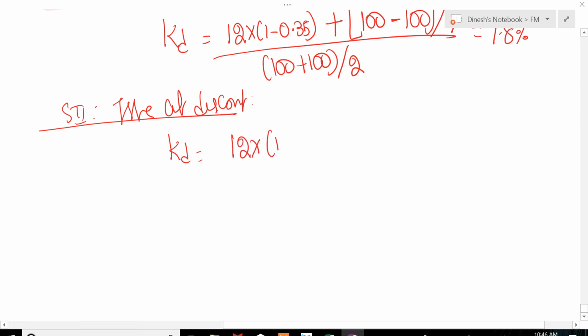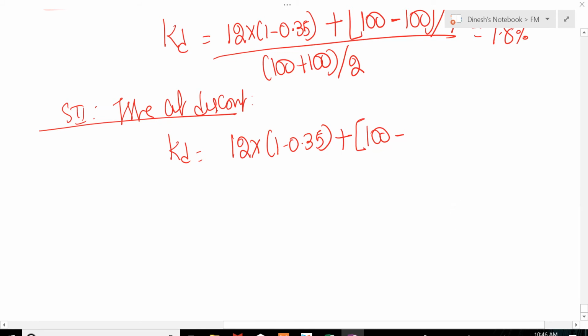Twelve into 1 minus 0.35 plus redeemable value is 100. Redeemable value is 100. Net proceeds, it's 90. Clear? Any doubts on this? If at all you need an explanation, please let me know.